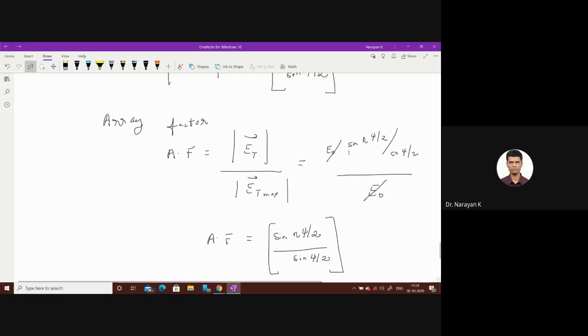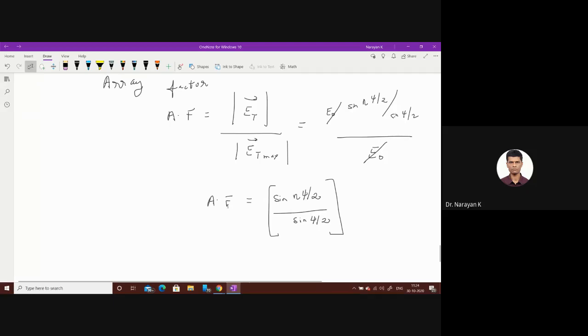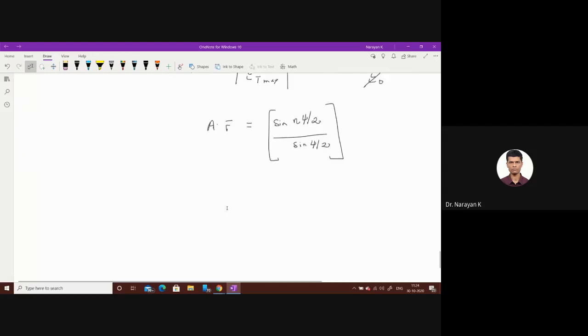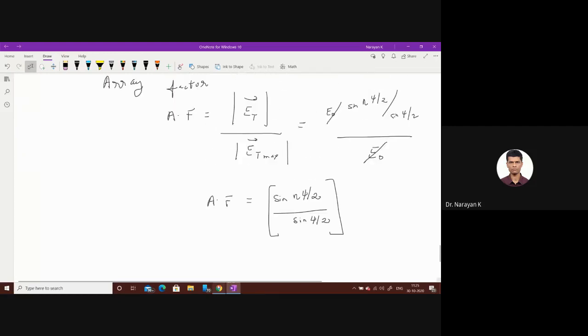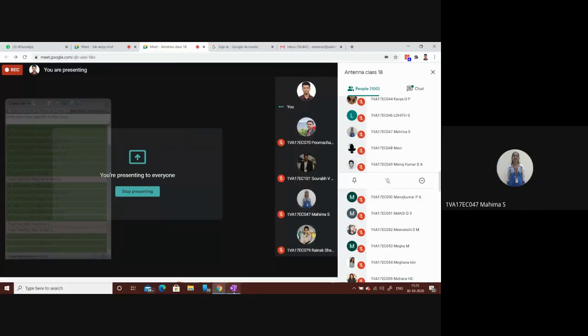Et max is nothing but E naught, so E naught gets cancelled and you get the array factor as sine n psi by 2 divided by sine psi by 2. Is it clear? Yes, sir.